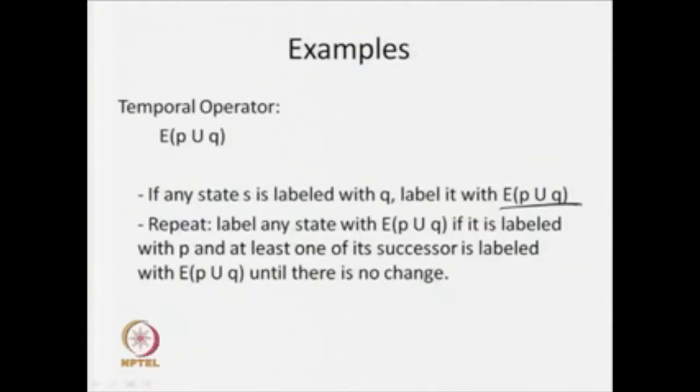Then, we are going to repeat this procedure until there is no change. What is the procedure? Label any state with E P until Q if it is labeled with P and at least one of its successors is labeled with E P until Q. So, first we collect the states where Q is true, and we label these with E P until Q. Then we traverse the entire state space and check if P is true in a particular state and one of its successors is labeled with E P until Q, until there is no change, that means we cannot collect any more states.